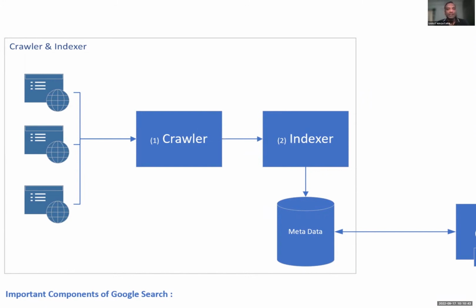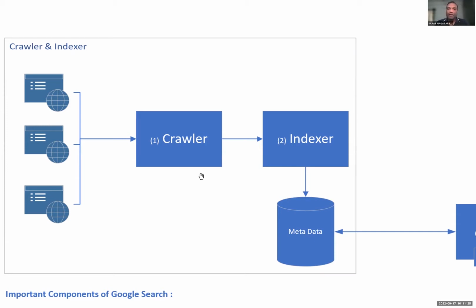Based on the data we have scraped from various websites, the indexer normalizes that data, getting metadata about the web pages, and stores the normalized data in our internal database, which we call metadata. For example, let's say there is a web page with a lot of text, and the message in that web page is "hello, how are you".